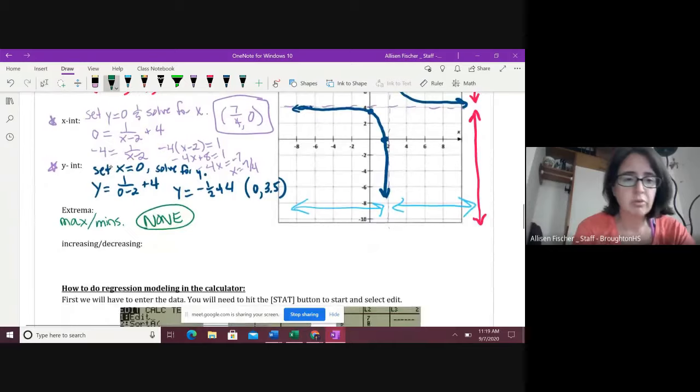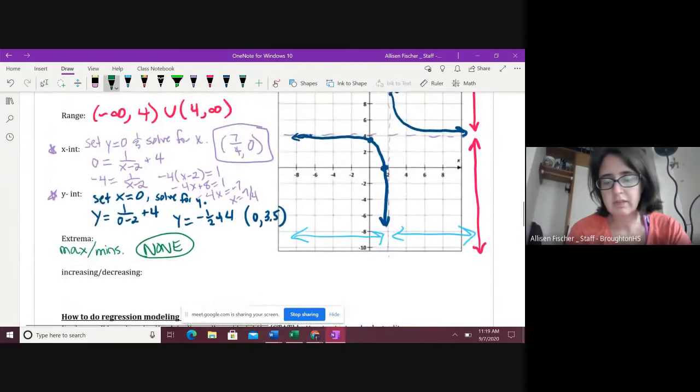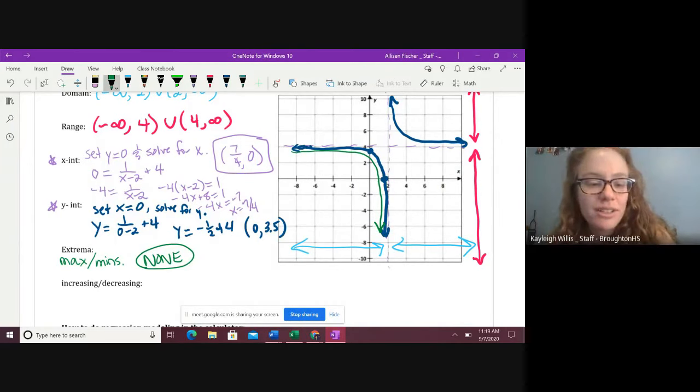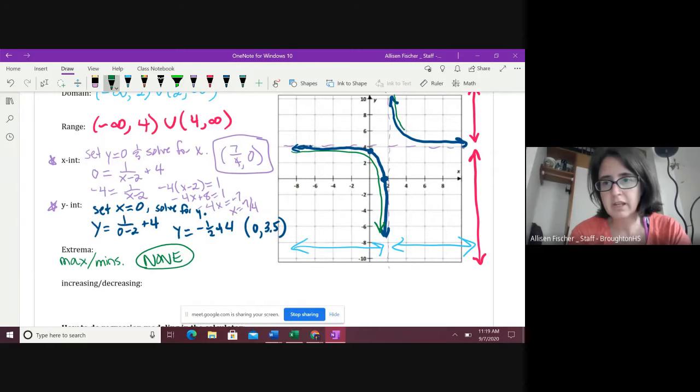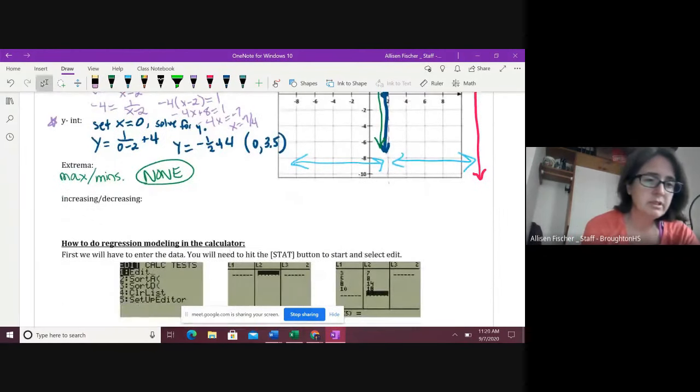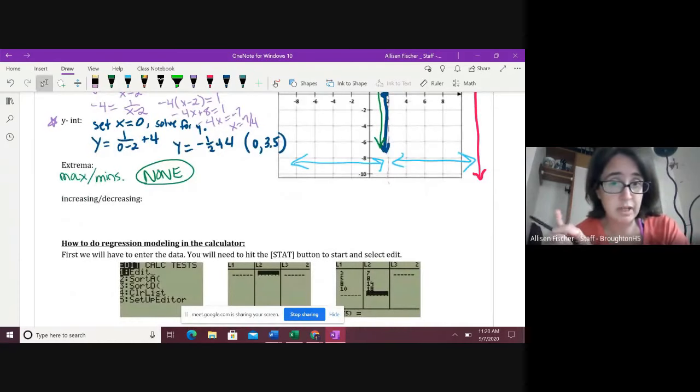We'll just go with words here because I was getting confused with end behavior. As we go left to right, if we trace this, we want to know what's the graph doing. So that's going down. Yeah, it's going down. And as we go left to right here, it's also going down. So as I trace that with my pen, it's going down both times. And notice I said both times because I had to pick up my pen and trace the second part.